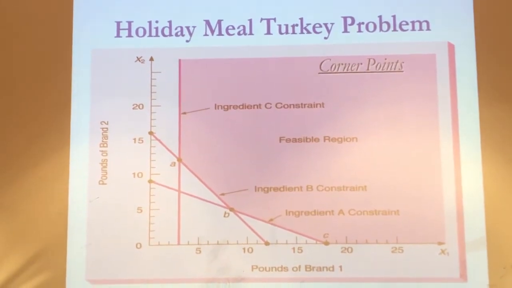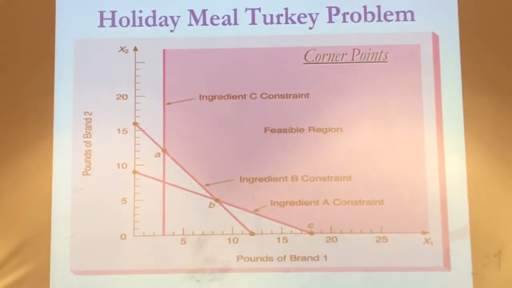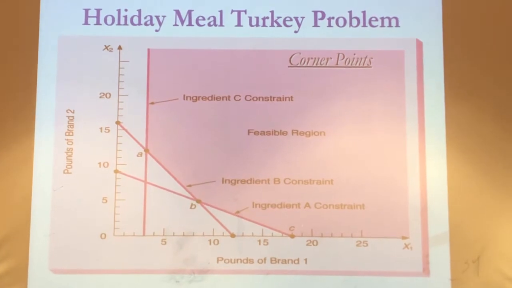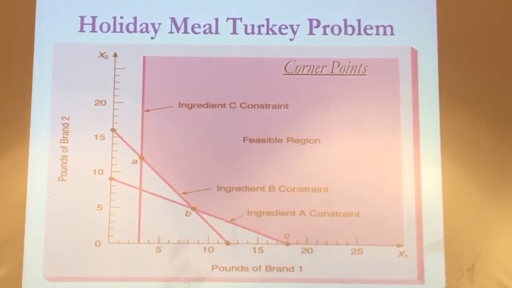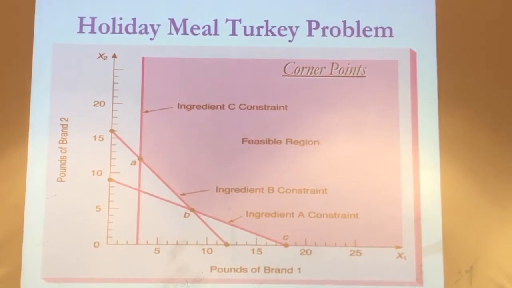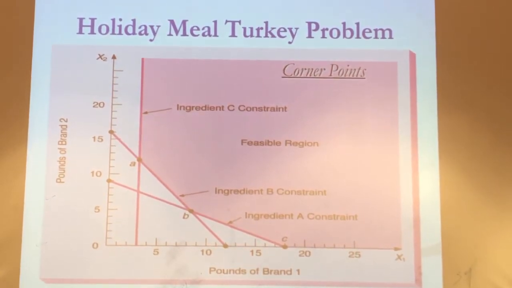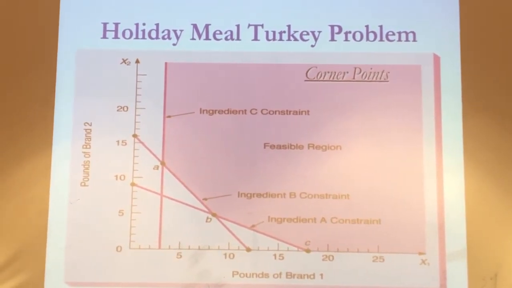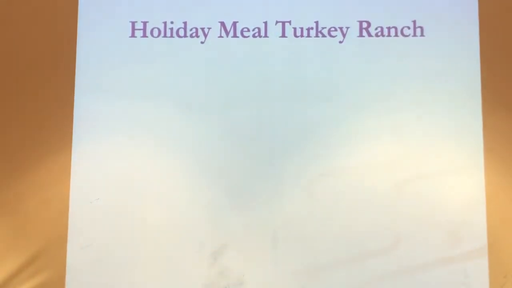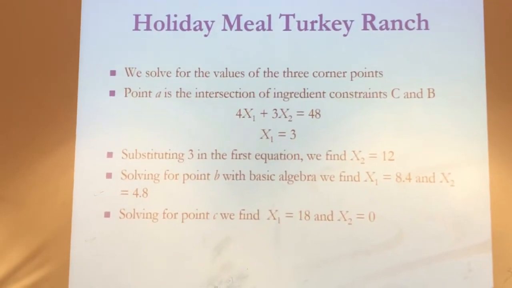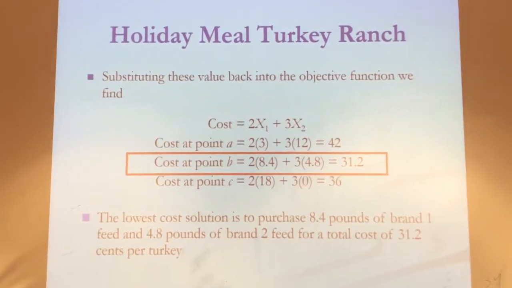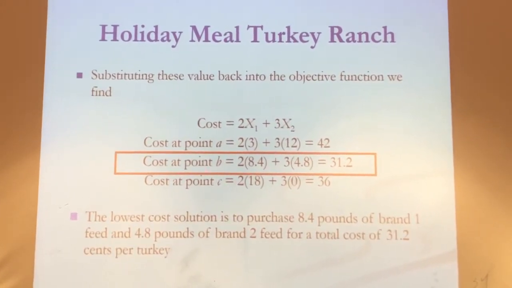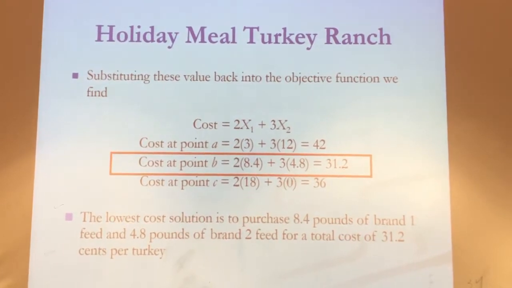And that's it. You work out the coordinates of these points A, B, and C, and the one which gives the minimum is your optimal. This is the working out of that, and the cost at point B is the minimum.